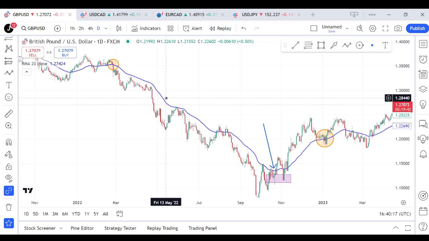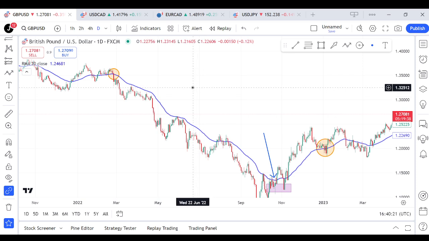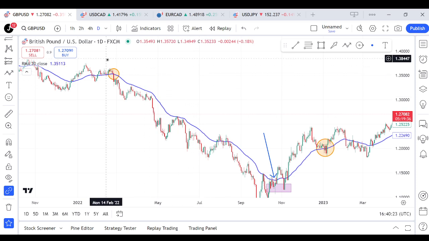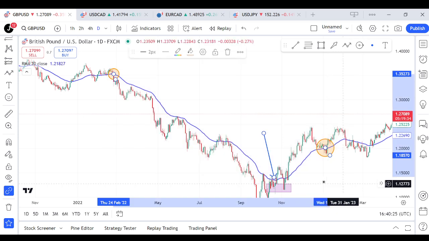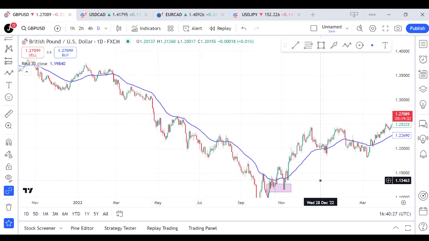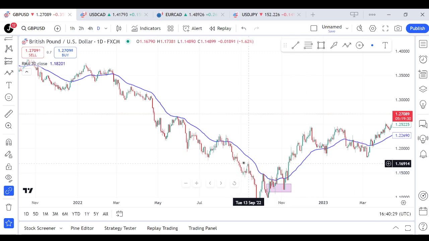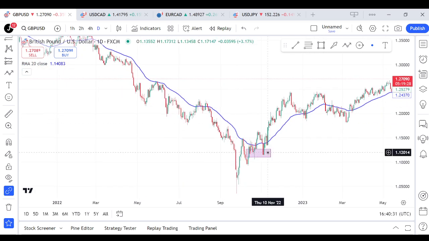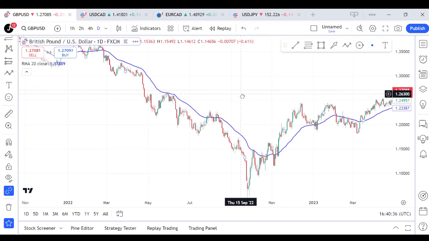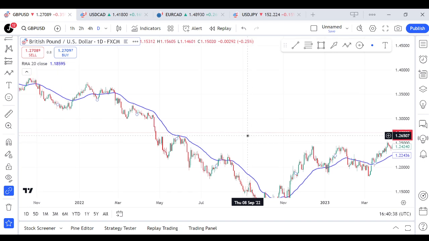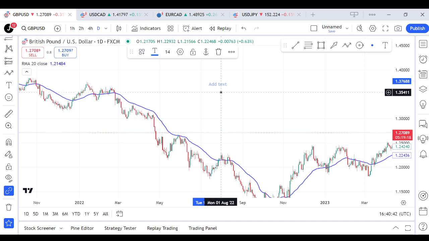Let's talk about the mathematics behind the rolling moving average. The mathematics is what sets it apart from other moving averages. Let's break down the formula and understand why it's more responsive to recent price changes. The RMA is calculated using the following formula. I'm just going to type it on the screen.